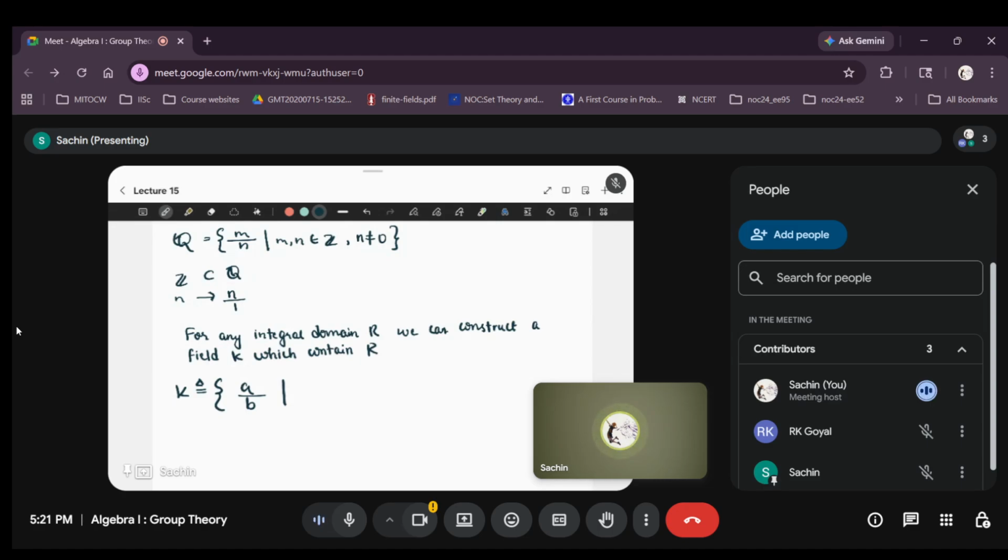In the case of integers, it is similar to the division operation, it's simply a fraction, that's all. A and B are elements in the ring, and B is not the additive identity of the ring.